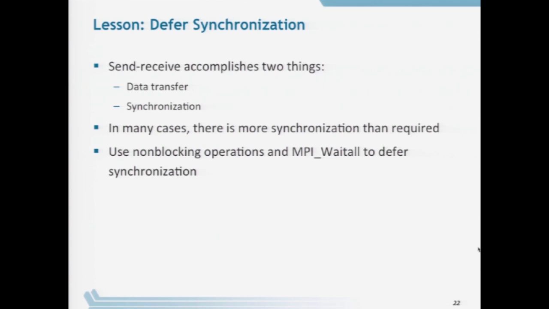When we look at applications, we often see much more synchronization than is required. So that means using blocking sends in too many places. That means using non-blocking sends, but doing one edge at a time. So I do a receive, I send, wait. Just doesn't really accomplish a lot.